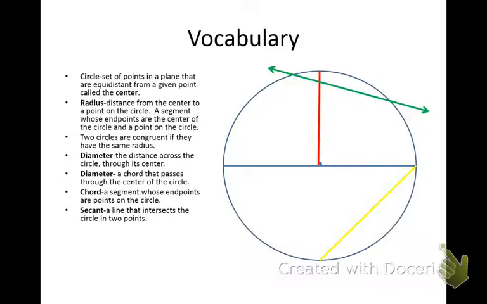The green line is a secant. The difference between a secant and a chord is that a chord is a line segment. A secant is a line. It continues on through the circle.